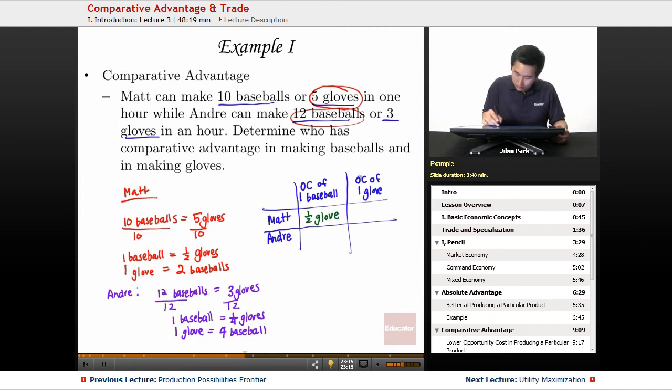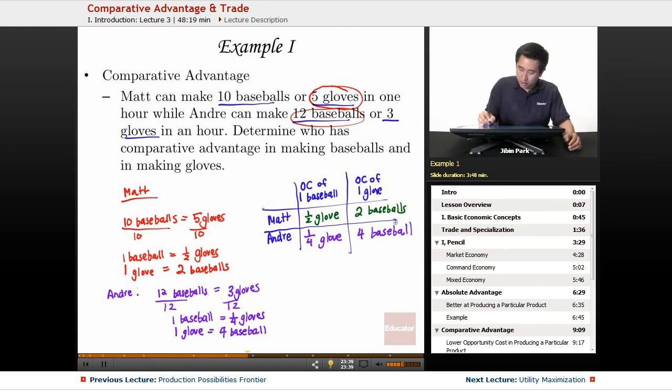And for 1 glove, it's 2 baseballs. And in this scenario here, you have the opportunity cost for Andre of making 1 baseball is going to be 1/4 of a glove. And you're also going to have 4 baseballs right here.